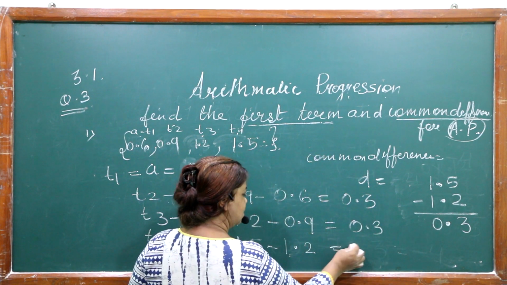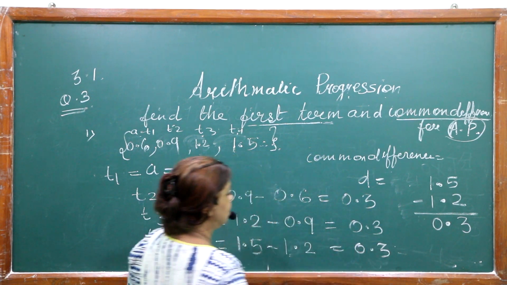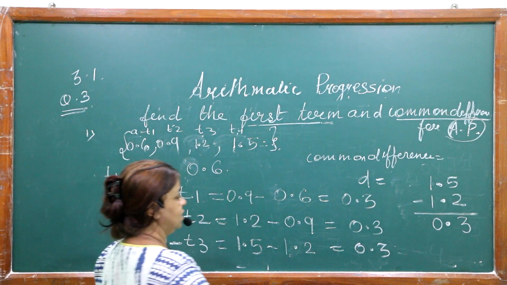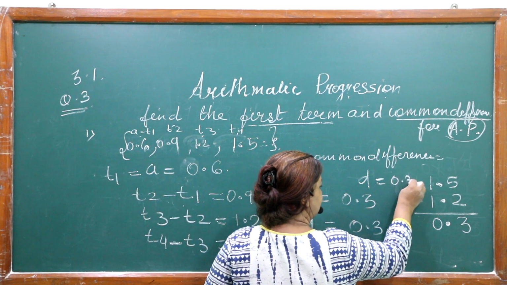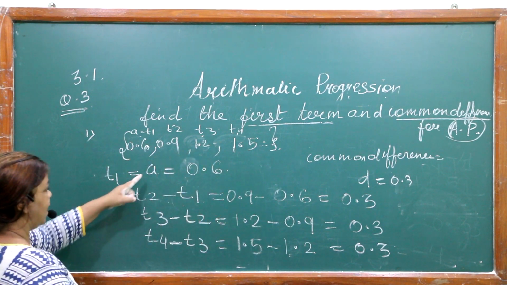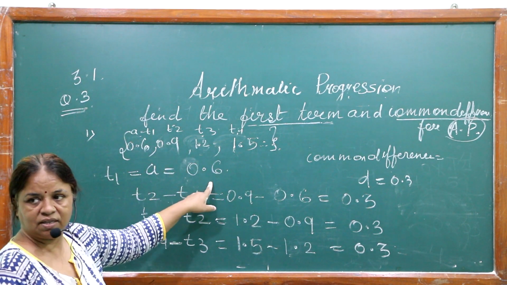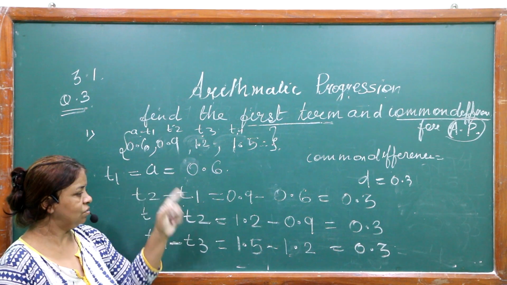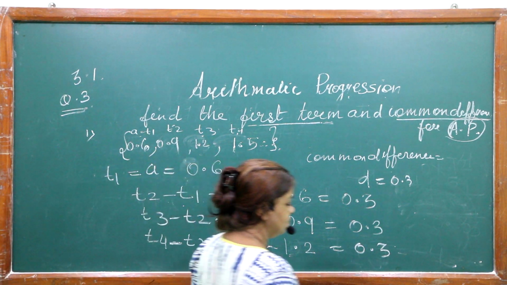So again here 0.3. So the difference is 0.3 and A is 0.6. This is the question they are asking you. It can be asked for 1 mark.